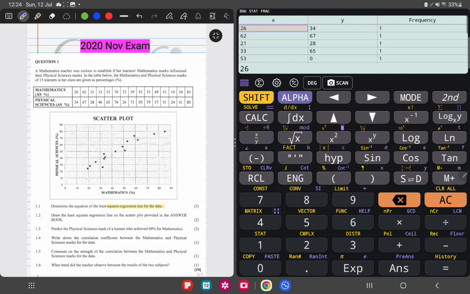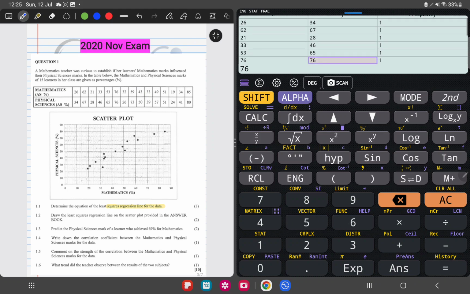What is very important is also for you to double check your table. When I look at my table, I have a 34, and then 67, 28. If you look carefully, I was supposed to have 46 after 28, so we should put 46. Then I'm supposed to have a 65 after 46, then a 76, then a 26, then 73, and then 50.